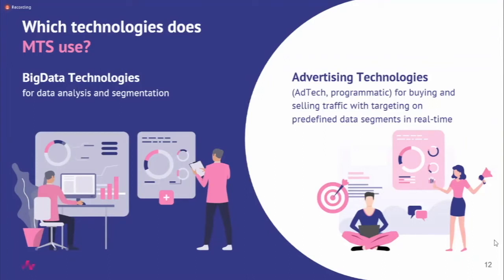The idea is that if you start developing these technologies from scratch, you need to spend about 2 or 3 years on development, and more than $5 million, to get a platform which is ready to be connected to external ad networks and to provide some specific advertising services to advertisers, to other companies.